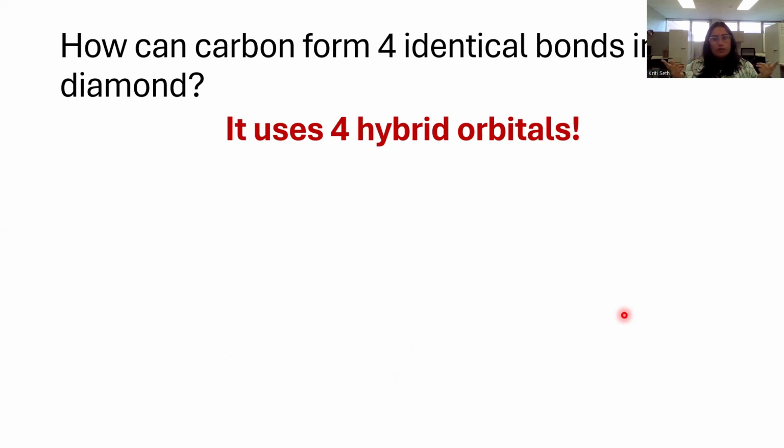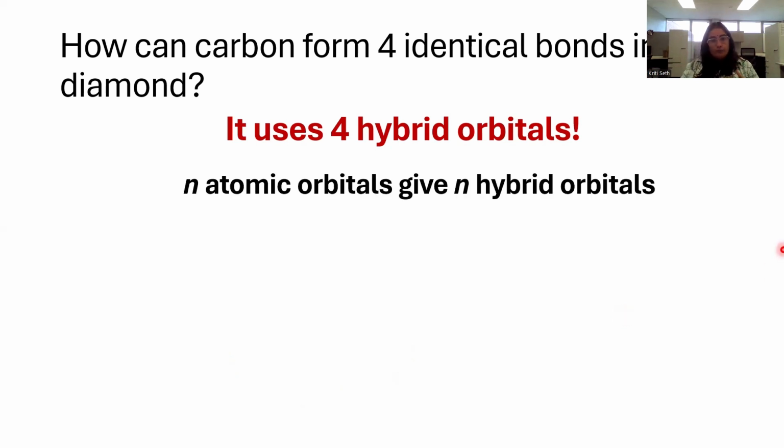We've not learned about them yet, but now we'll learn about them in the context of carbon. Before we get into what hybrid orbitals are, I want to tell you that if you combine n atomic orbitals, it'll give you n hybrid orbitals, right? Whatever number of atomic orbitals you combine or mix, it'll give you that same number of hybrid orbitals.